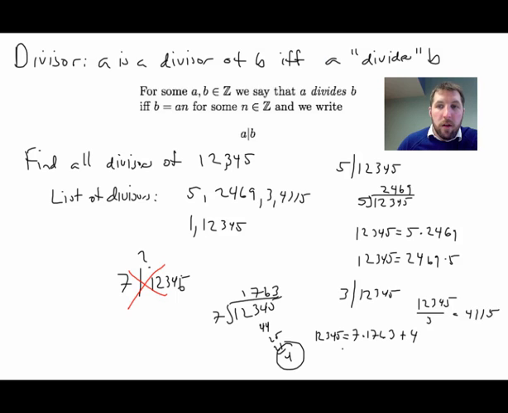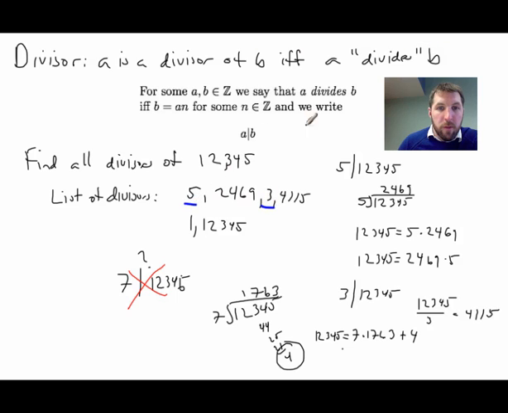Okay, now we've got a list. Let's just do one more thing here. We've got 1, 3, 5, 7 doesn't work. We can keep trying. One thing you'll note, 3 and 5 are both divisors, right?